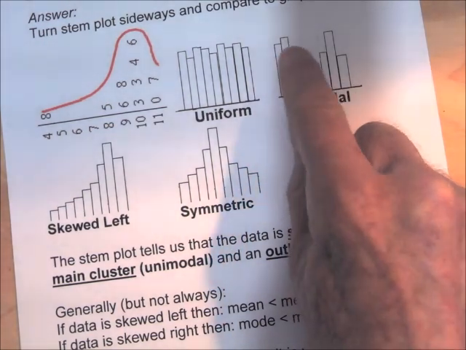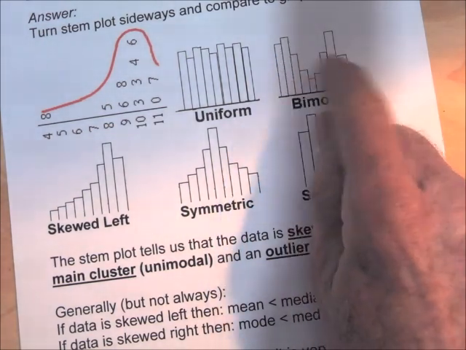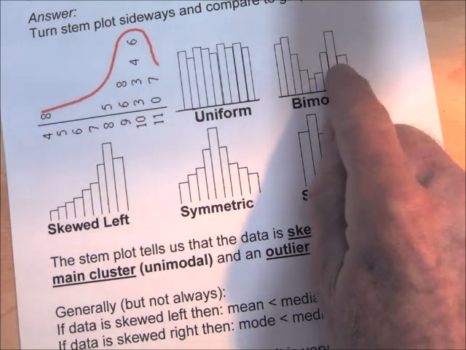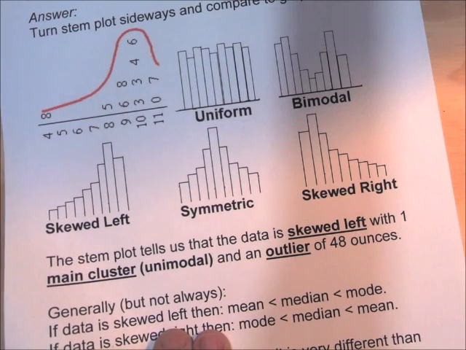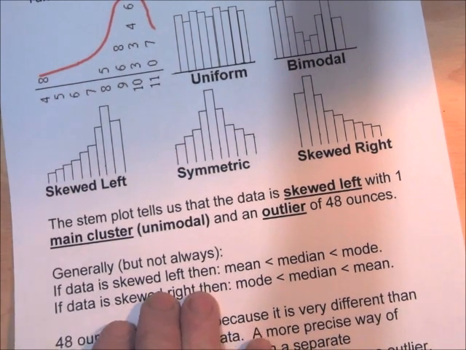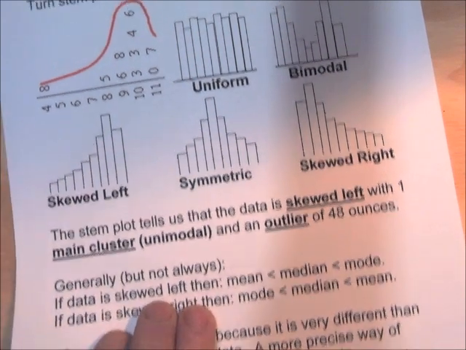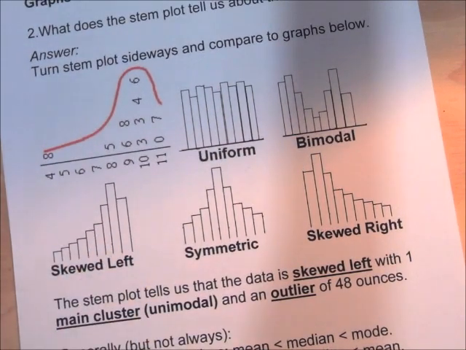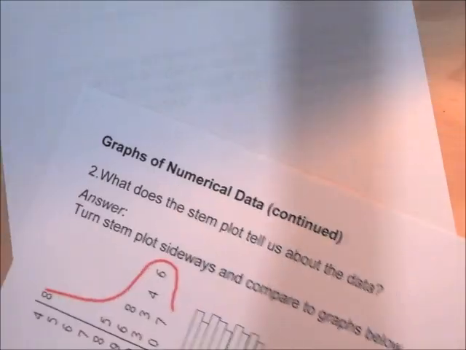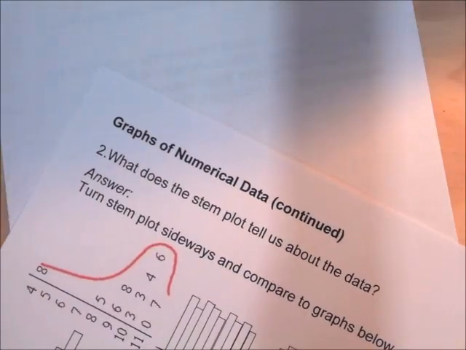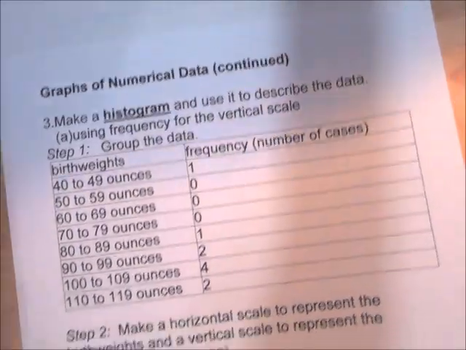Maybe you have one group of babies with low birth weights and a group of babies with higher birth weights. So those are some of the shapes that you can look for. But in this particular case, we have a skewed left distribution with outlier 48 ounces. Okay, so that's a stem plot, and that's one of several types of graphs we'll be working with.